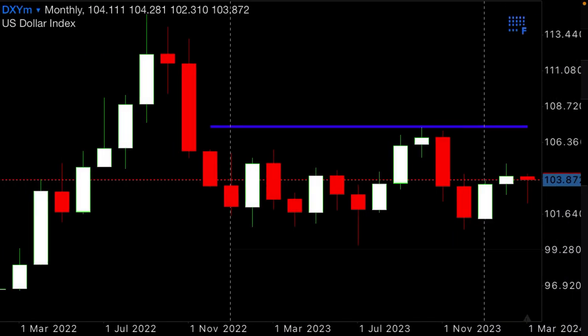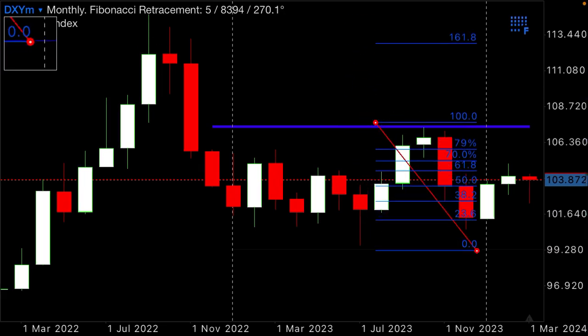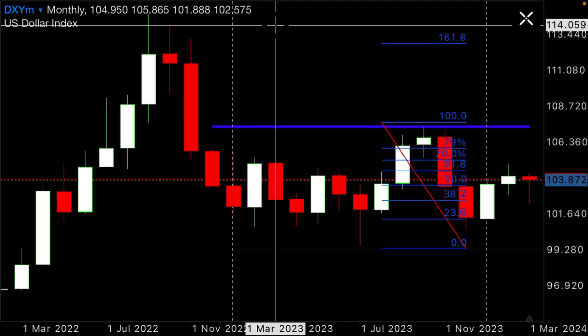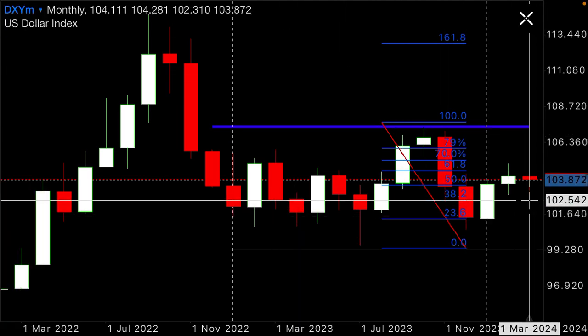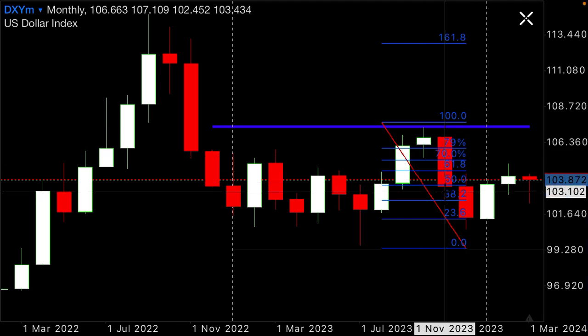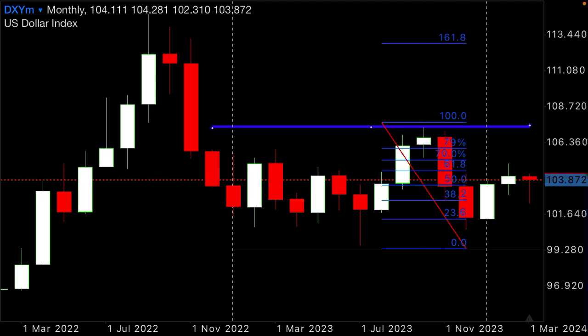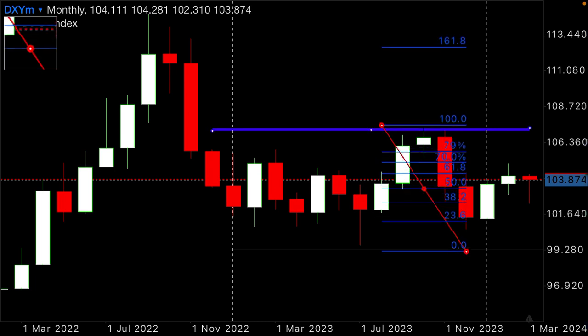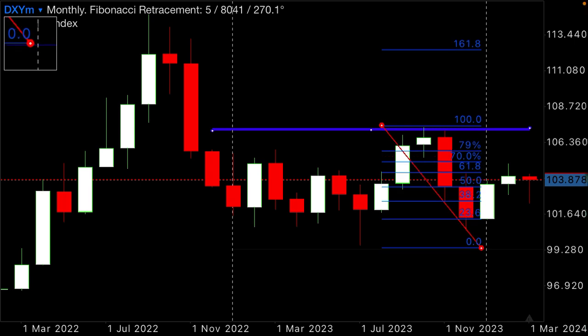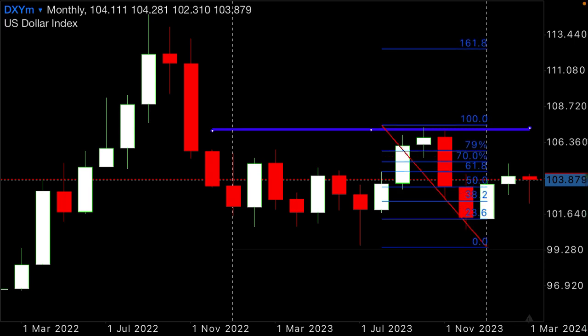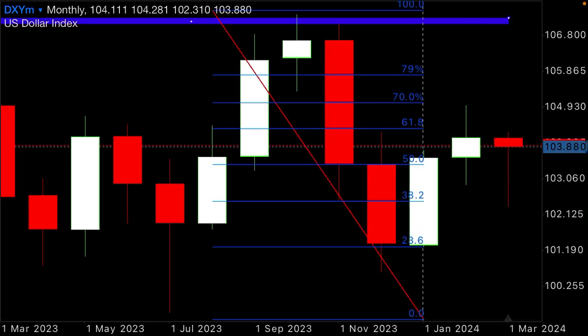I'll be marking the range of the previous cycle. And as you can see, when we were reacting from the daily optimal trade entry, we were inside of a discount market, which is below 50%. Basically, a discount market is below 50%, and a premium market is above 50%. So when we are looking for buying opportunities, it is safe to be looking for buying opportunities below 50%.